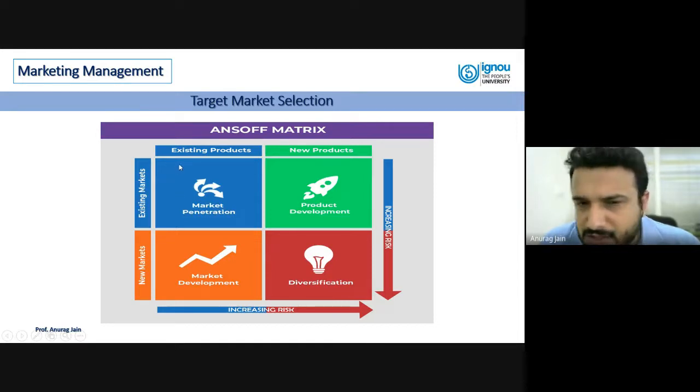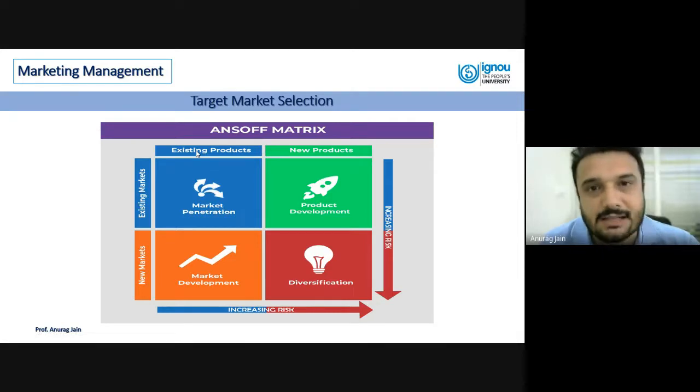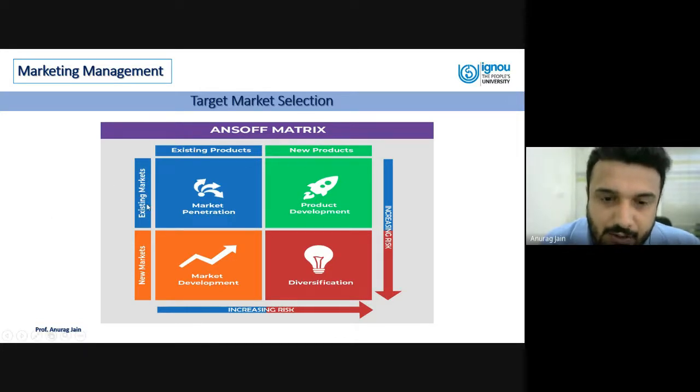Suppose you have an existing product in the market, which is not new. Awareness has already been created, customers are well aware of it, and you are trying to serve the existing market, which is already developed, with a good amount of understanding about your products.